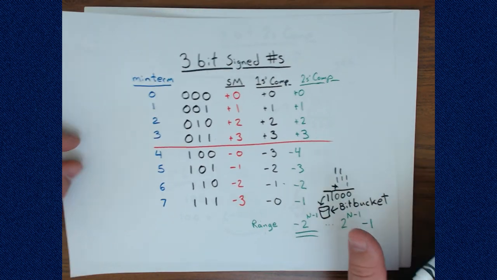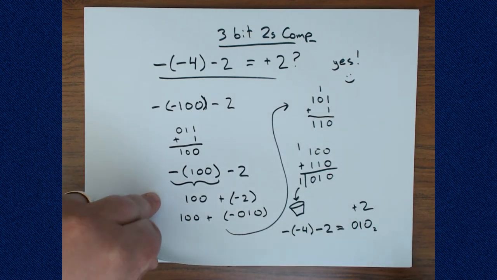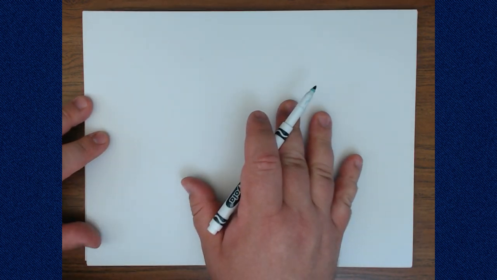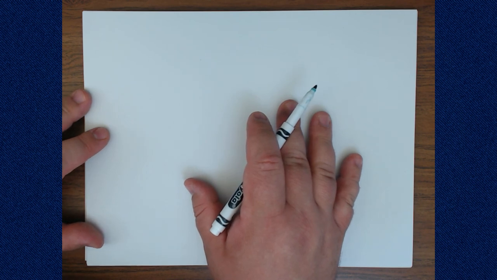And so that's okay. In fact, in general, with our 2's complement representation, we can disregard the whole -4 and make this more generic.